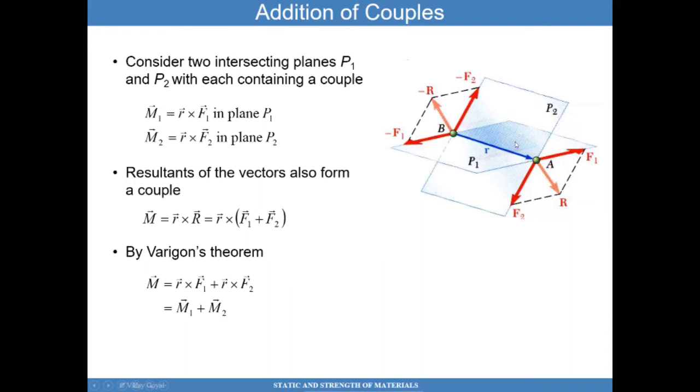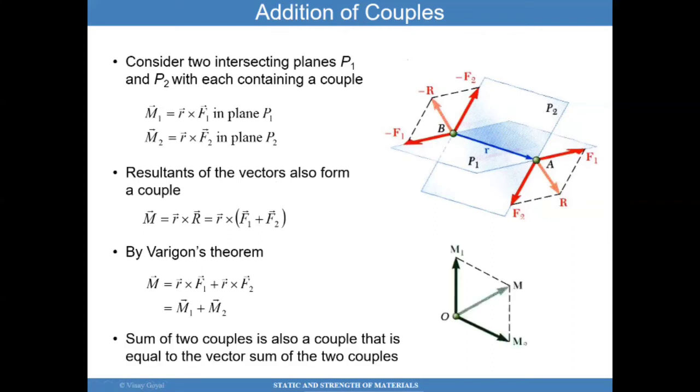The point here is that you could add these forces, F1 and F2, and get a resultant R. This resultant R will be the same but in the opposite direction, and then you can just calculate a single couple that basically calculates R times the distance between the two forces. So that's an important finding from this one.